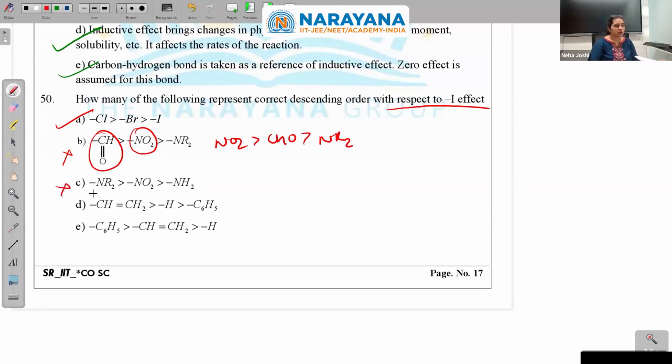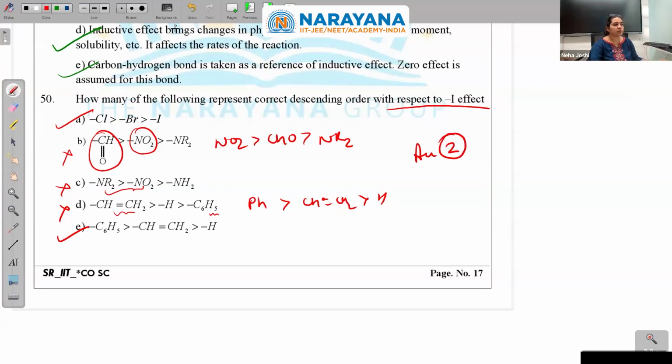Same here also, NR2 and NO2 are wrongly placed. Vinyl and phenyl are wrongly placed. Ph is more than vinyl than hydrogen, so this is wrong for minus I. This is correct. So correct choices make the answer 2.